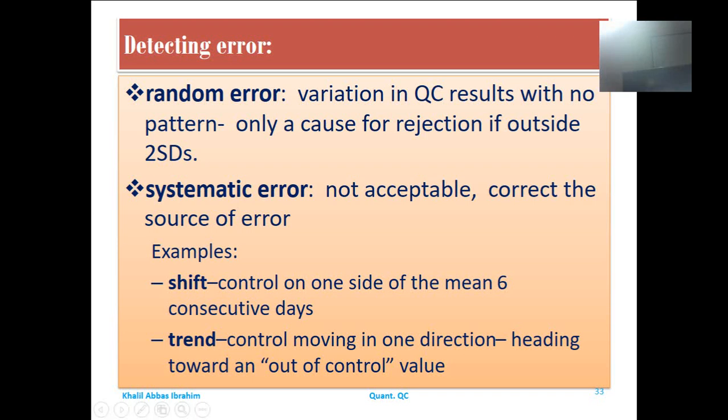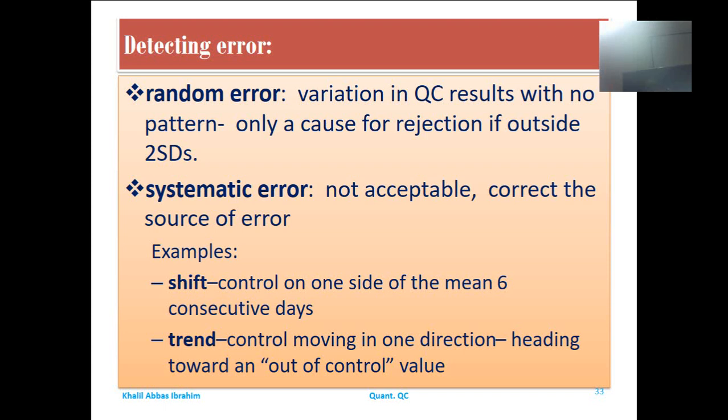Shift means that the control values lie on one side of the mean 6 consecutive times, either above the mean or below the mean, even if they are still within the acceptable limit, but they are not accepted by being consecutively on one side of the mean. They indicate an abnormal distribution. The normal distribution is the distribution of the values around the mean, indicated by the central tendency before, as we discussed that matter.